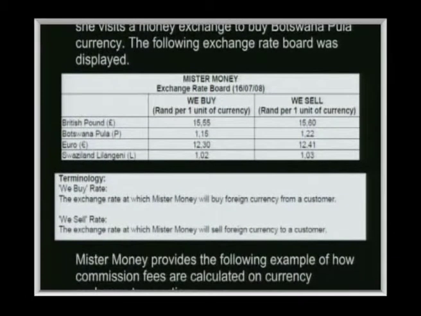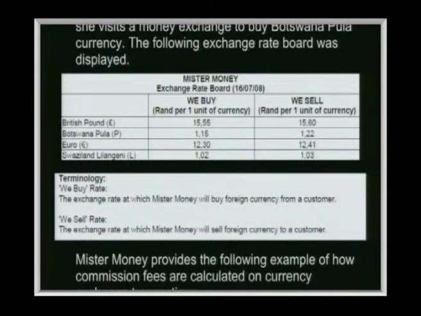Now let's have a look over here. Obviously, the exchange place was in South Africa, and they were advertising to buy and sell different currencies: the pound, the pula, the euro, and the lilangeni from Swaziland. And over here it says we buy and we sell. What on earth does this mean?